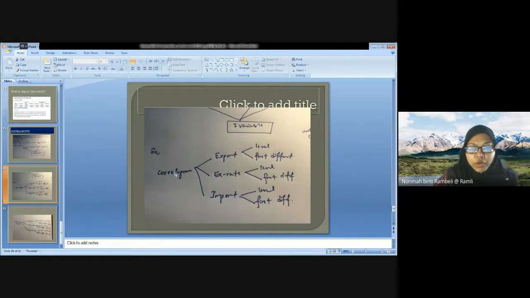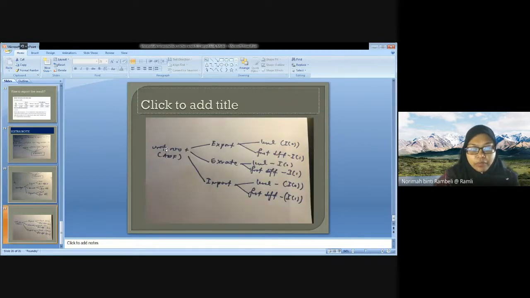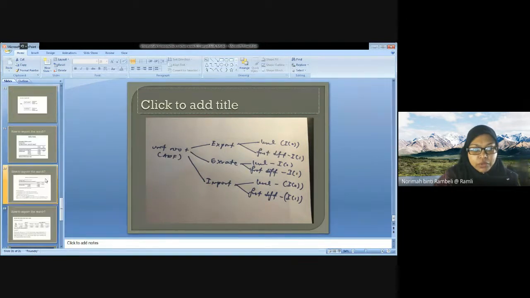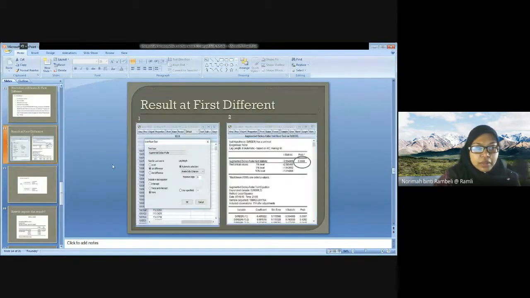So done for correlogram. And for the unit root tab, for example, you choose ADF. Here you can change the test name.